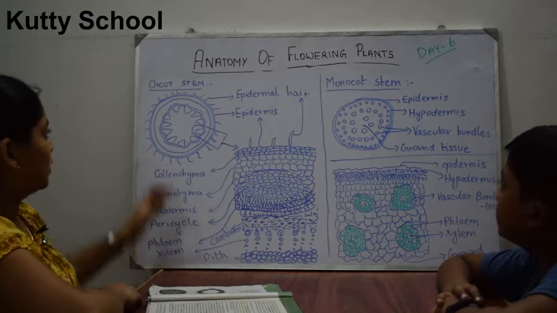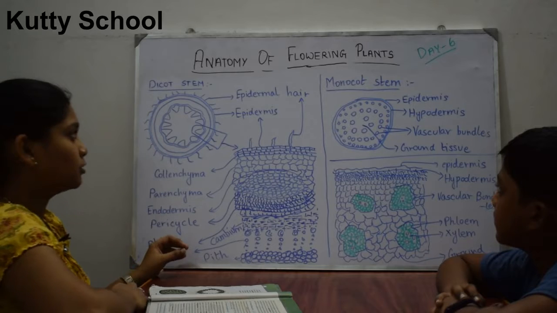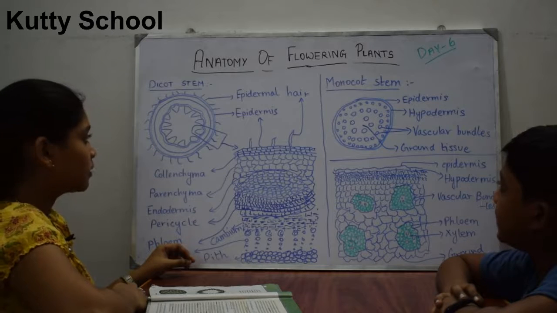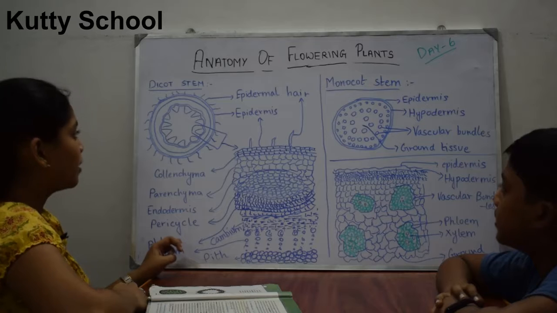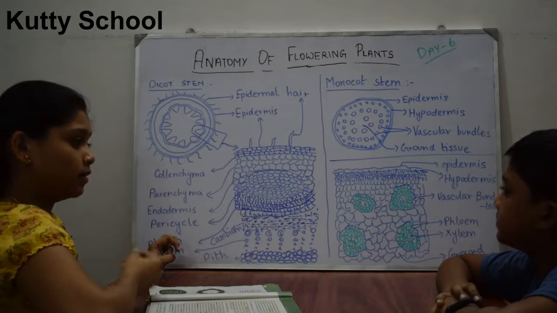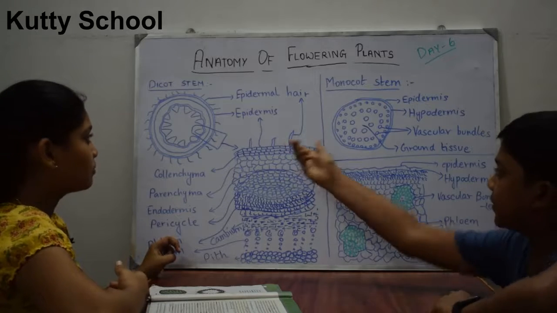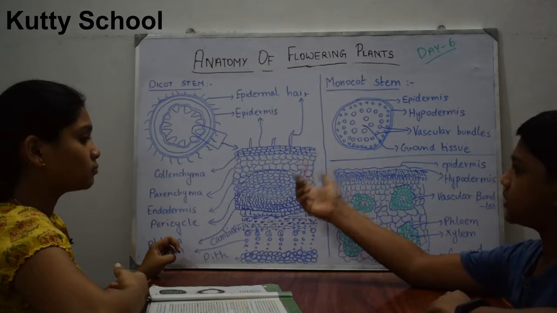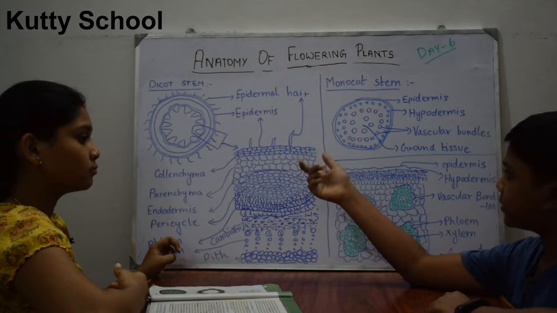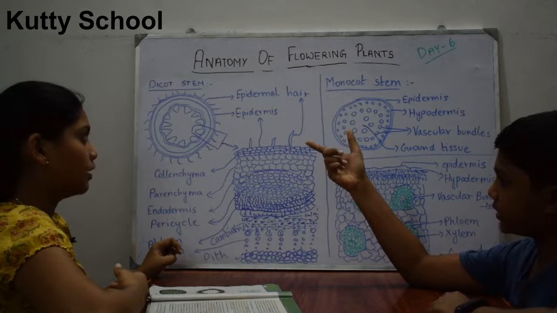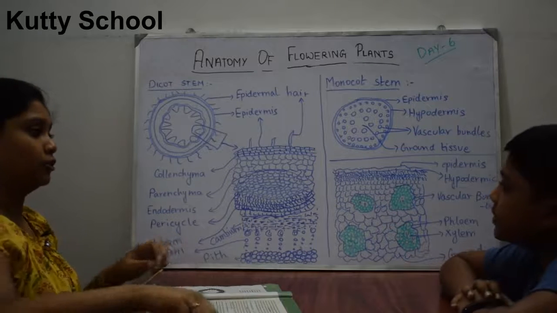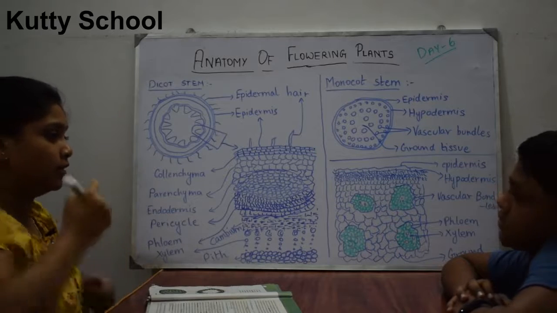The first layer of the dicot stem is known as the epidermis. From the epidermis some hairs arise, called epidermal hairs. They are also called trichomes. We have already discussed this.